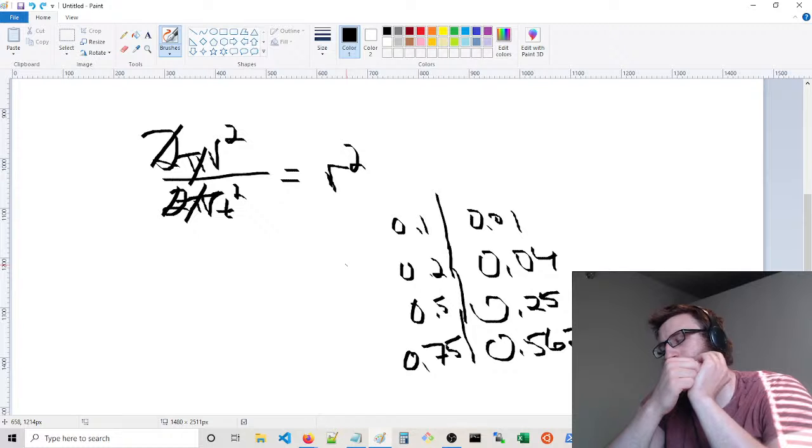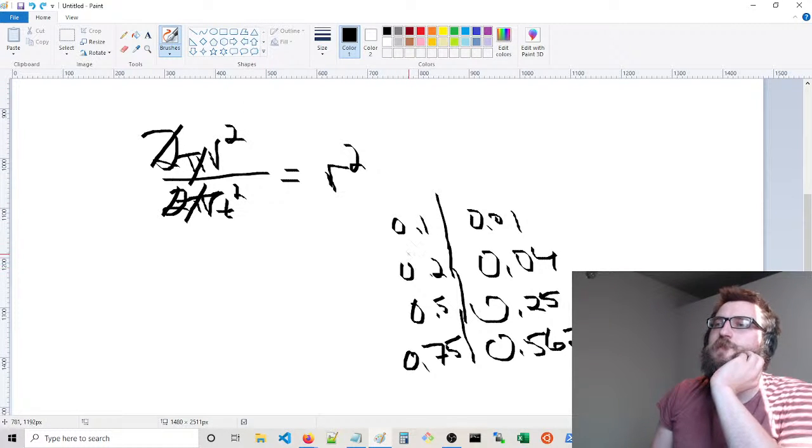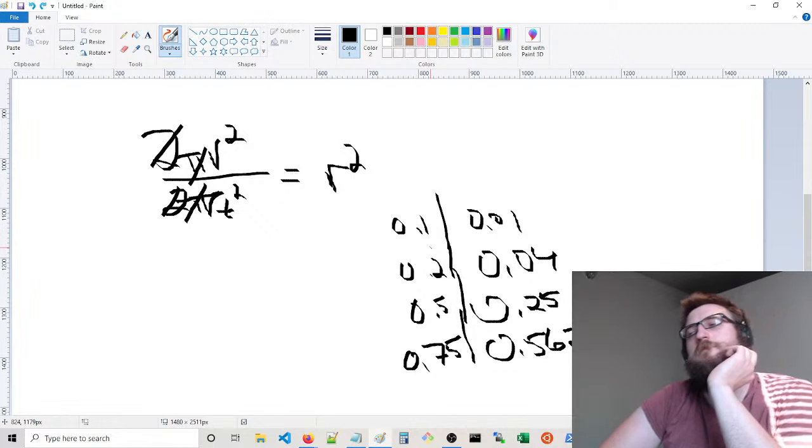So if you randomly select a number between 0 and 1, in order to achieve these probabilities, apparently you actually need to select the square root.